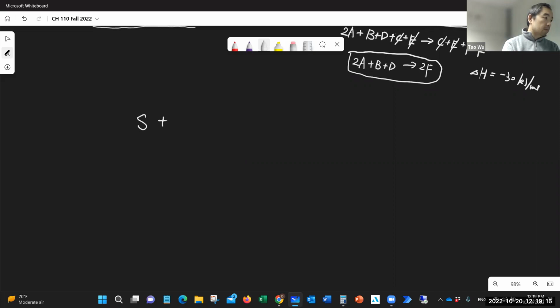Sulfur plus oxygen to form SO2. Delta H is negative 296.8 kilojoule.